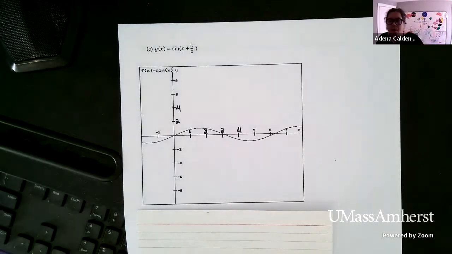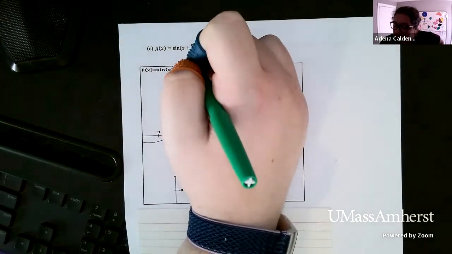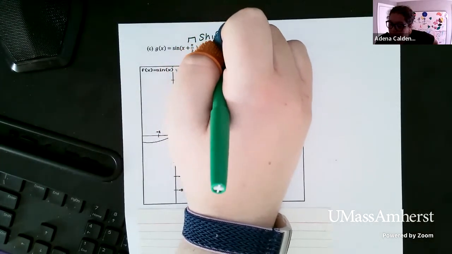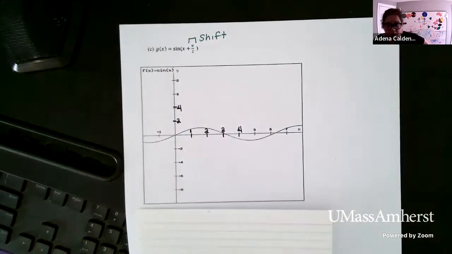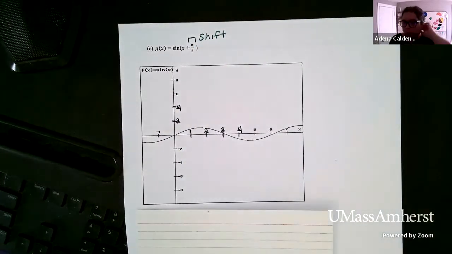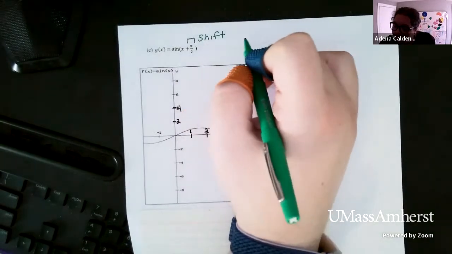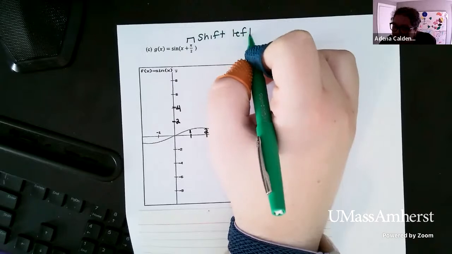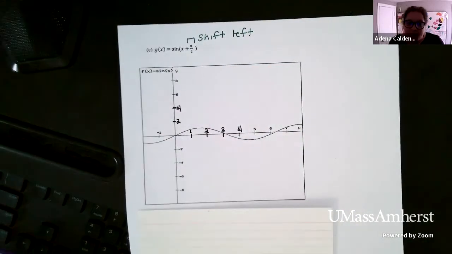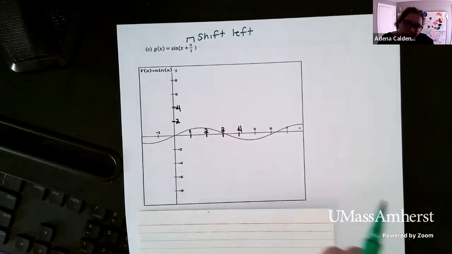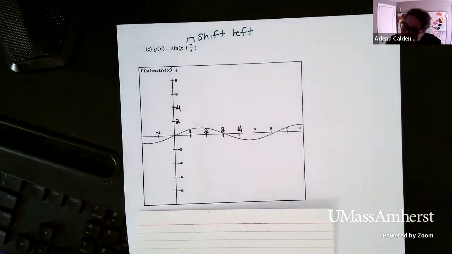Okay, so if we have something inside the argument that is added or subtracted, it is going to shift the function, but when it's inside, it shifts it left and right. And this one to me is a little counterintuitive, but when you add something on the inside, it's going to shift it left by that amount, which means we're going to take this whole graph and move it pi over 2 to the left.